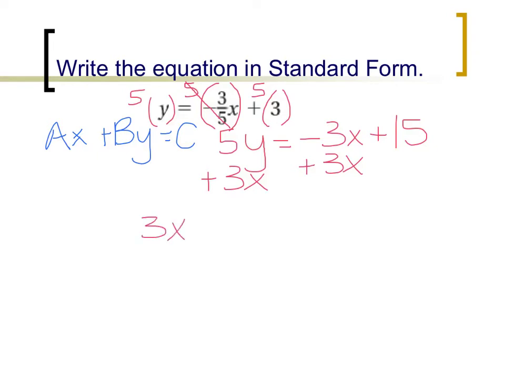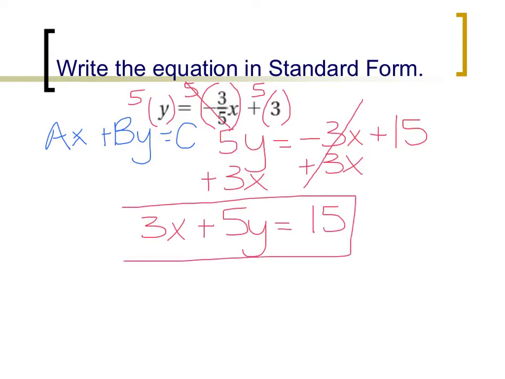So 3x plus 5y will equal, notice these are opposites so they cancel each other out, and I am left with 15. This is my standard form. Notice that I have my x and y's on the same side. A, b, and c are all integers, and a is positive.